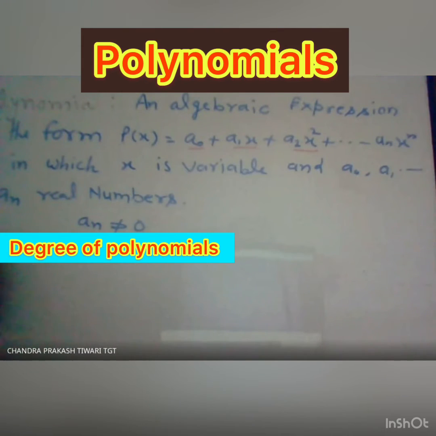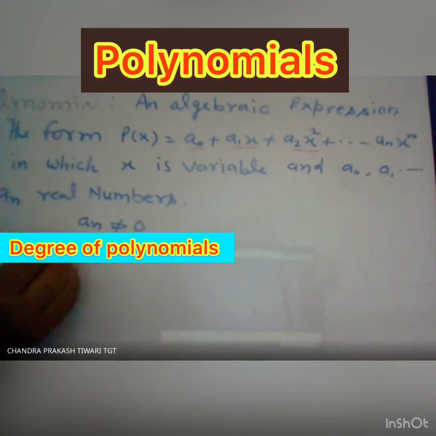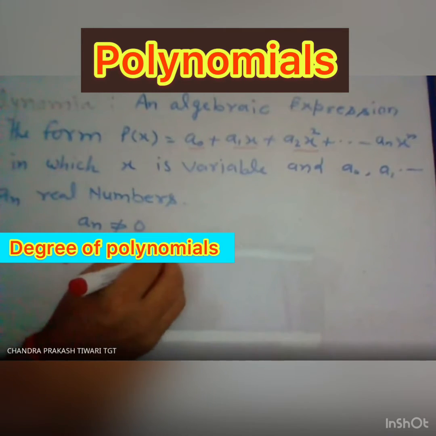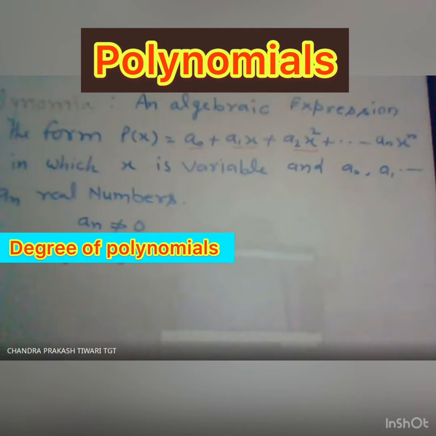So next thing is degree of polynomial. You can identify degree of the polynomial by observing the highest degree, highest power, highest exponent of the variable given in the question or polynomial.